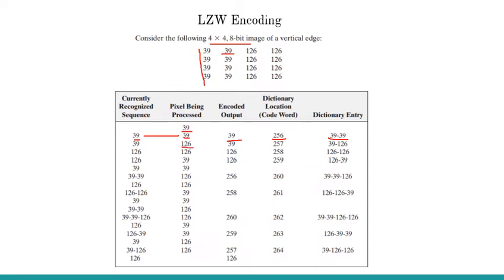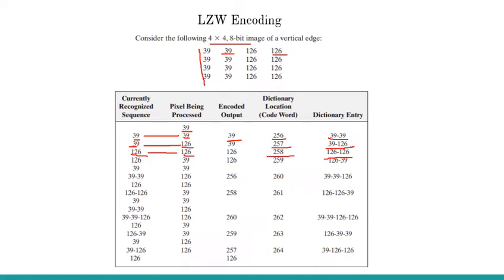The previous pixel is 39, and since 39 126 is also not present in the dictionary, we now place it in the dictionary at 257. Next we have pixel 126. Its previous pixel is 126, and since this sequence is also not present in the dictionary, we just encode it and place it at 258.